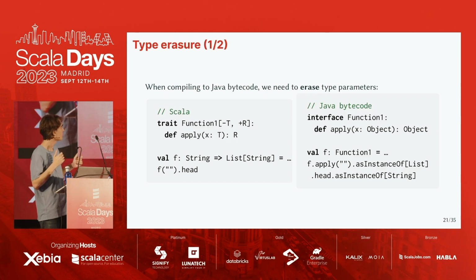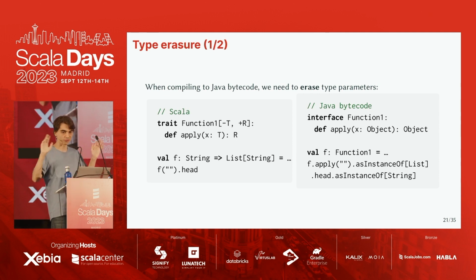So in particular, when we're compiling to Java bytecode, we need to do type erasure, because Java bytecode is a bit like Java 1.0. There's no generics, there's classes, there's methods, but every time you have a generic, you have to remove it and replace it by its upper bound. So here, T is upper bounded by Any. There's no Any on the JVM, but the top type is Object, so we end up with Object.